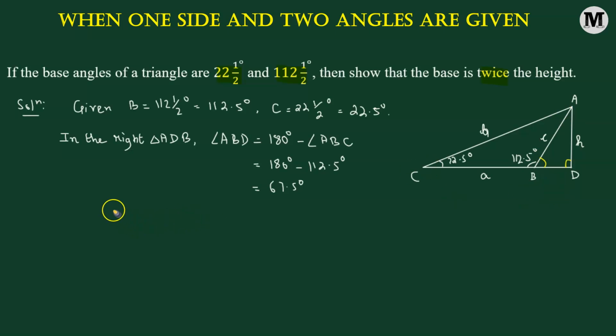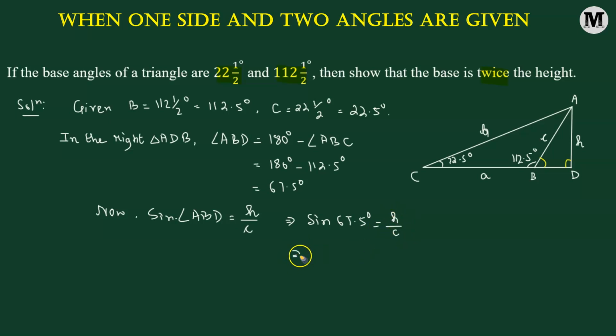Now if we take sine of the angle ABD, this is simply going to be the ratio of, we know sine is the opposite, which is the altitude h, divided by the hypotenuse. The hypotenuse is denoted by c. In other words, sine of 67.5 degrees is equal to h over c.